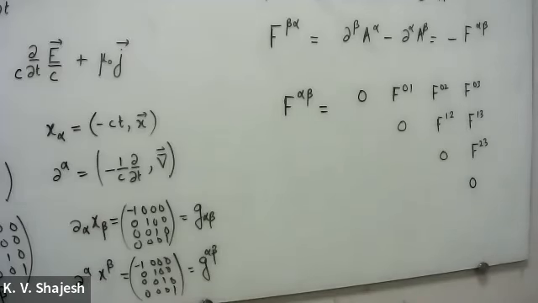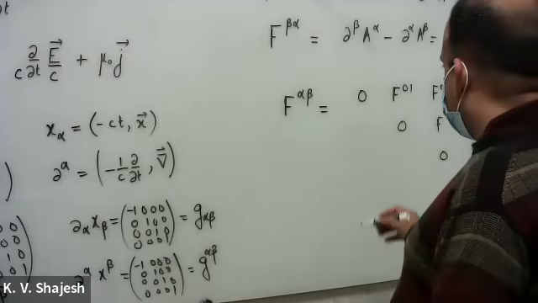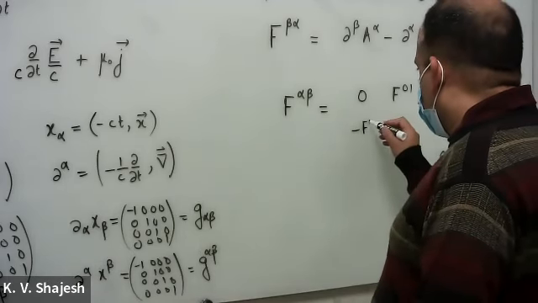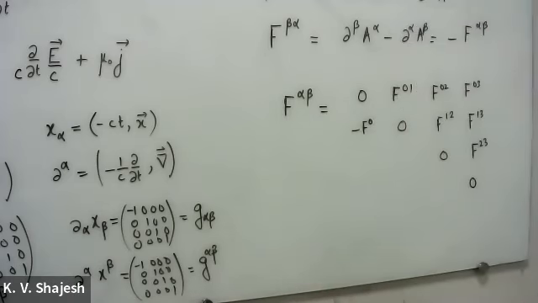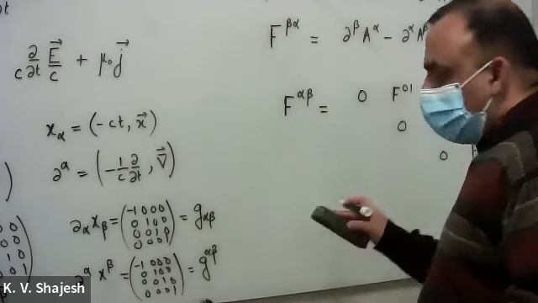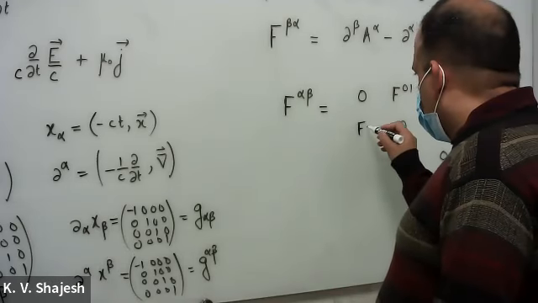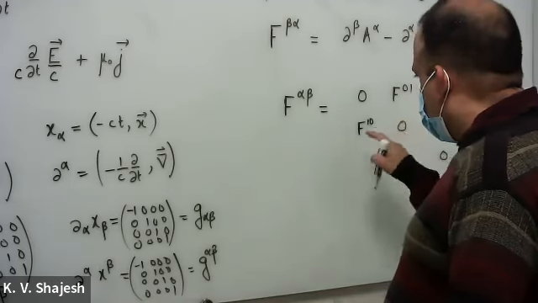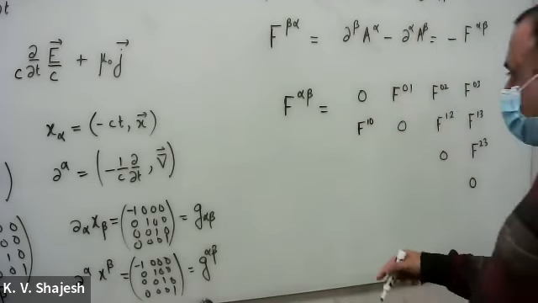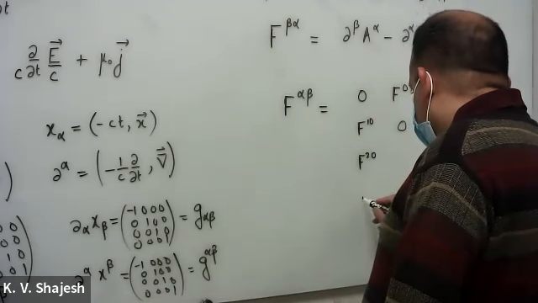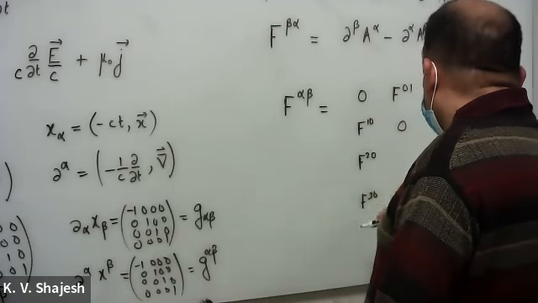Once we know that, since it's antisymmetric, I can immediately write the rest of it. So it's minus F01, F10 is minus of F01. This is F20 and F30.